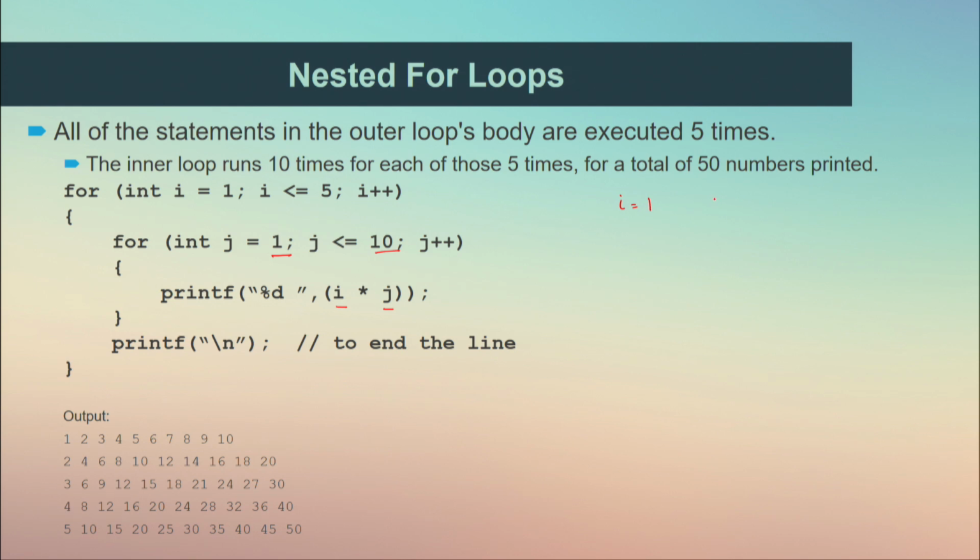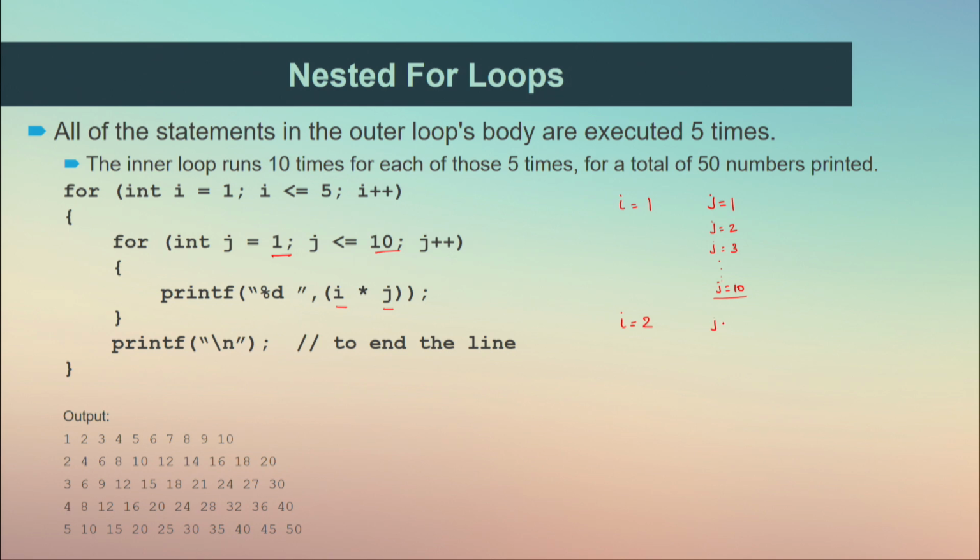When the i value is 1, j will be executed from 1 to 10. So, j will be 1, 2 and 3, and it goes on up to j value 10. Then only when the j value is 10, the criterion for loop termination is true. Then it comes out of the inner loop, and only then does the outer loop get incremented by 1.